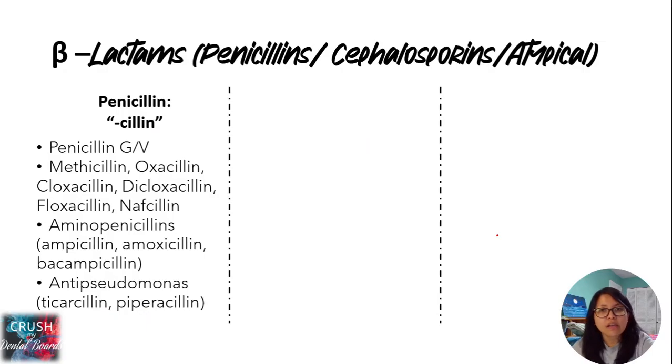Now on this next slide, these are just examples of what falls under penicillins, under your cephalosporins, and your atypical beta-lactams. So under penicillin, you'd see it here. You have pen G, V. You would also hear about penicillin VK. And then another group would be your methicillin, oxacillin, cloxacillin, dicloxacillin. So here you would see everything ends in cillins. Now, as I said earlier, the one that we usually prescribe to patients would be your amoxicillin.